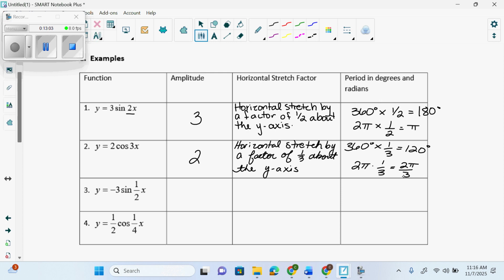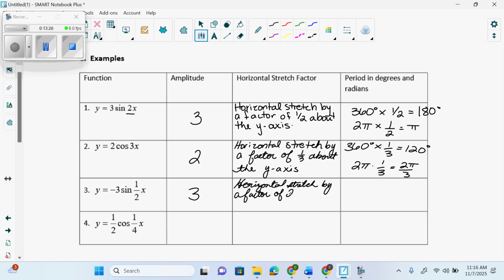This one has an amplitude of what? 3. Amplitude is always what? What did we talk about yesterday? Positive. So here we have a horizontal stretch by a factor of what?